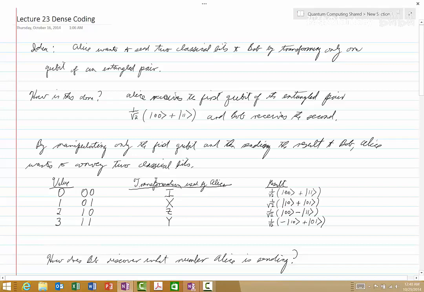And in the usual dense coding algorithm, these transformations here are the transformations that she would apply in each of those 4 different cases. These are the transformations that she would apply to her first qubit of the entangled pair that she and Bob have. And so the transformations are in the order I, X, Z, Y.